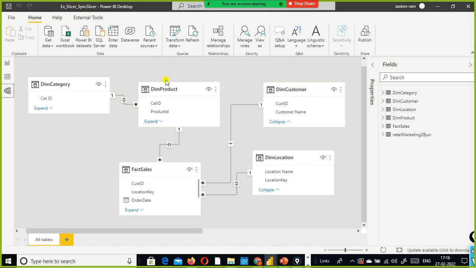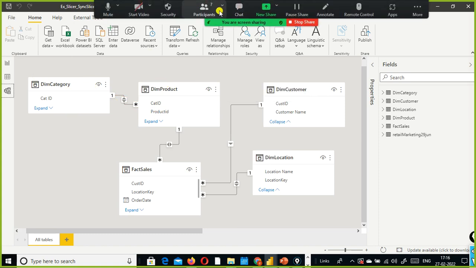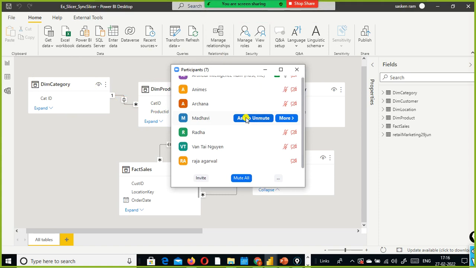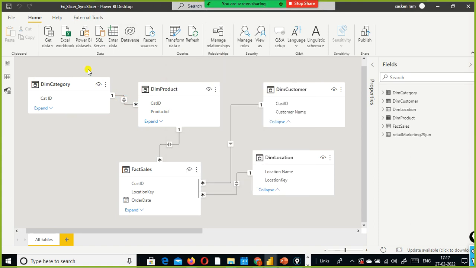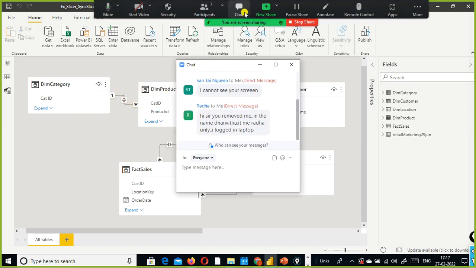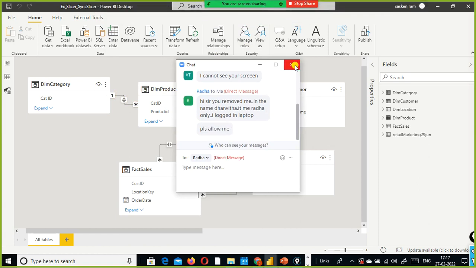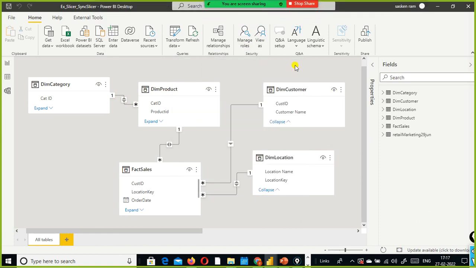Combine these two dimensions into a single dimension. That way you don't have to enable this. If both dimensions become one, then we don't have to enable this one, right? So this is one solution.